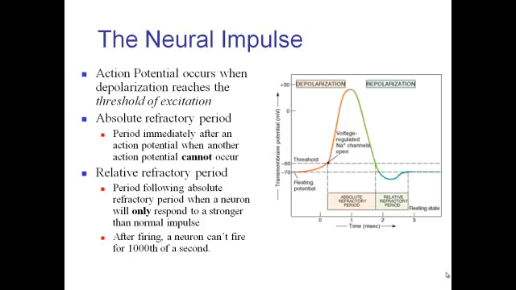During the relative refractory period, the neuron has not quite reached its resting state yet, but it is at a point where if a strong enough stimulus hits it, it can fire another action potential. So basically, after firing, a neuron cannot fire for a thousandth of a second. When we're talking about a resting period between action potentials, we're not talking about a minute and a half. We're talking about a very short period of time, but it still must be there.